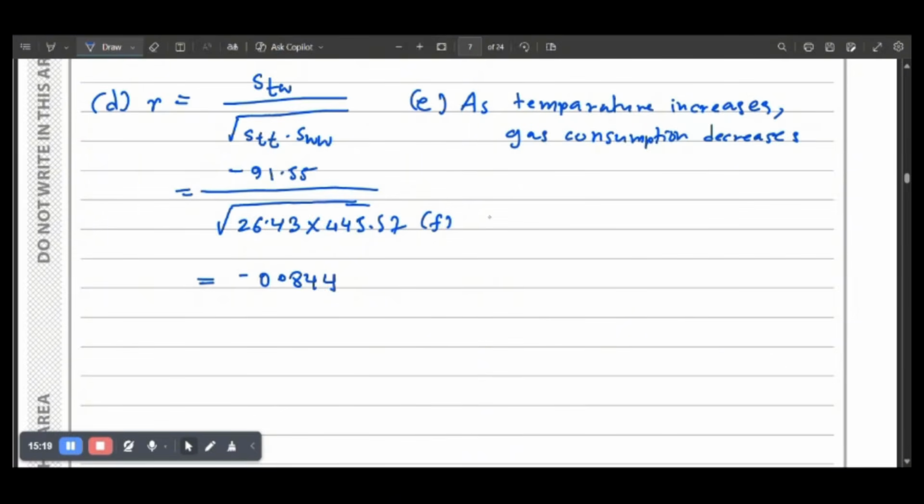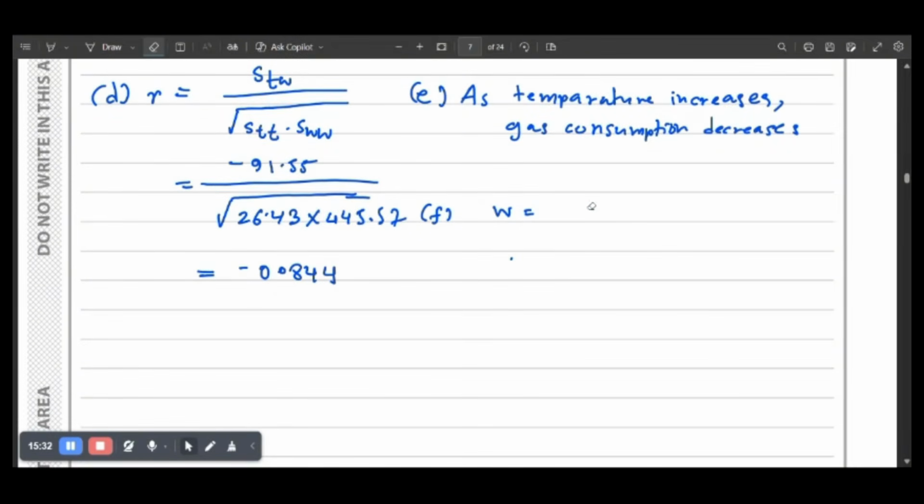The line is in this format, where b is our gradient, and this gradient is equal to our STW divided by our STT.